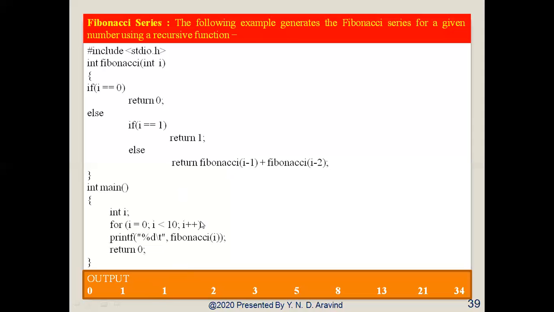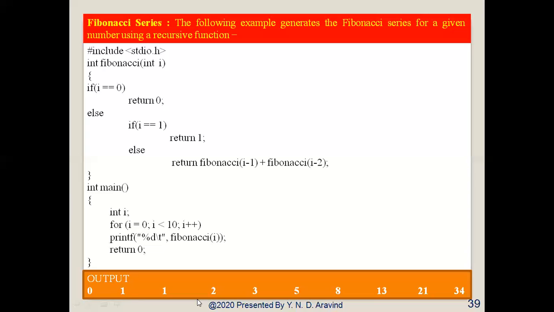Now i plus plus. The i value will become 3. 3 is not equal to 0, and it is not equal to 1. So it will compute Fibonacci of 3 minus 1, which is Fibonacci of 2. Fibonacci of 2, previously we got as 1. And Fibonacci of 3 minus 2, again we got 1.